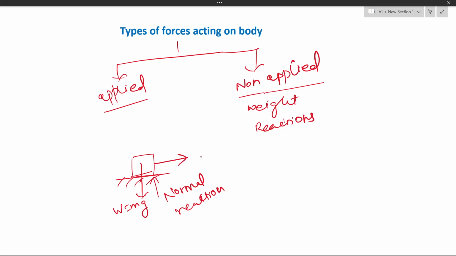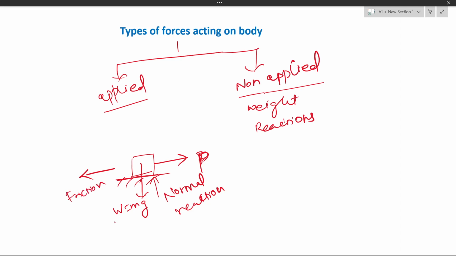And if one force P is applied in this direction, there might be another force which acts opposite to the motion of the object, that is the friction force.